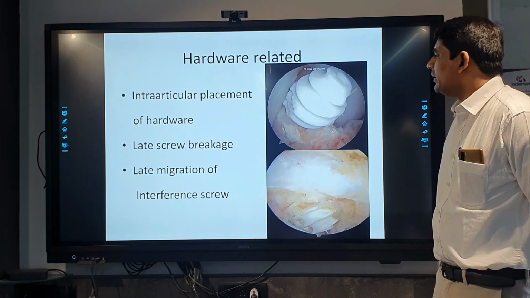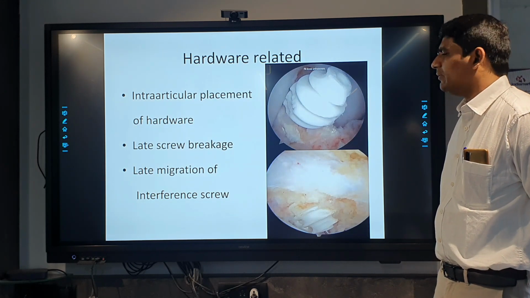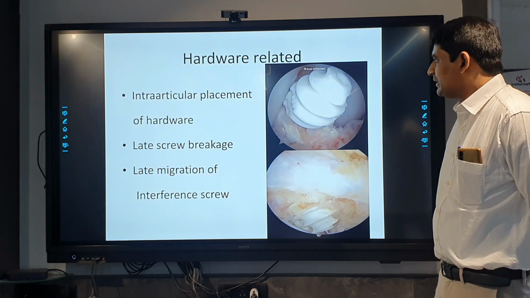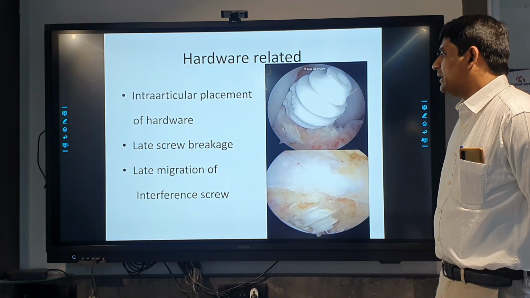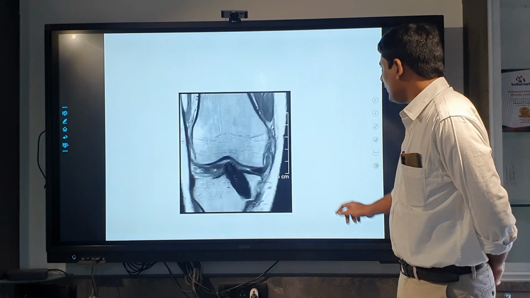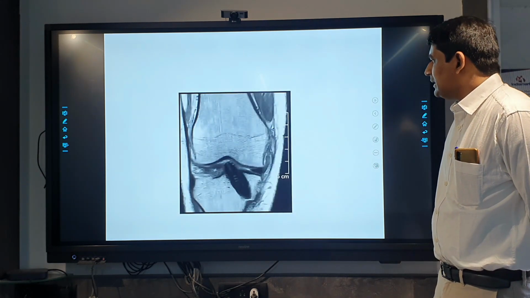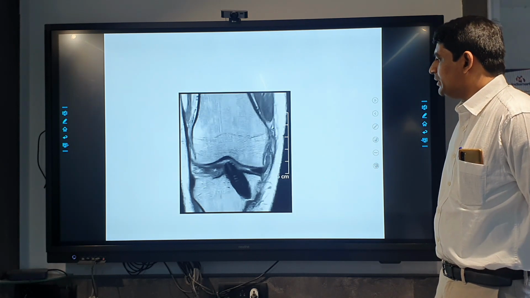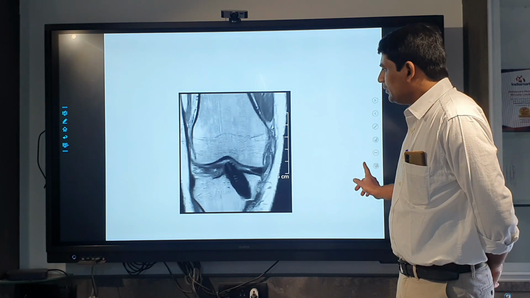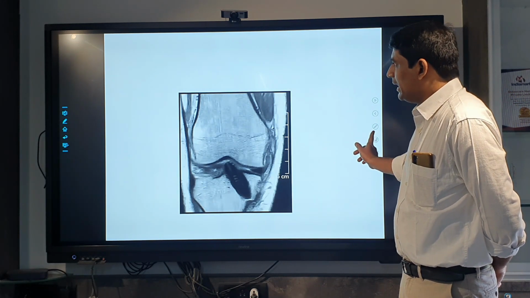Then hardware-related complications, like intra-articular placement of the hardware, can again lead to loss of knee extension and later screw migration, or late migration of the interference screw. This is an example where the screw has come into the joint and led to loss of extension. So this will definitely require removal of the implant and revision.